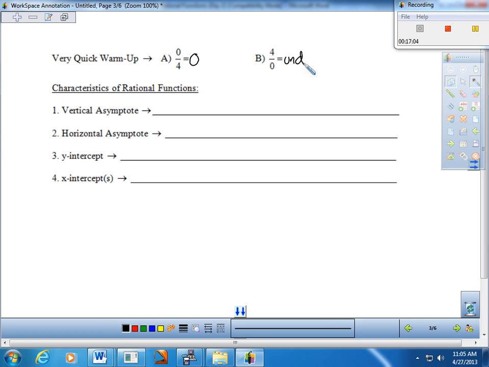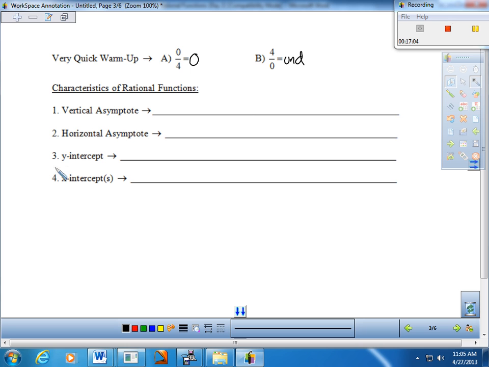All right, keep that in mind as we go through this process. And what we want to do is just solidify some of the characteristics here, a couple asymptotes. And again, the oblique is in there as well, but I won't emphasize that too much with these problems. And then the intercepts, y and x. So a couple old ones, a couple new ones, and then we'll do a few examples to round this out.